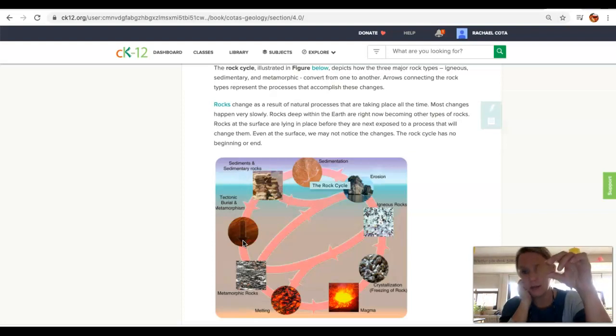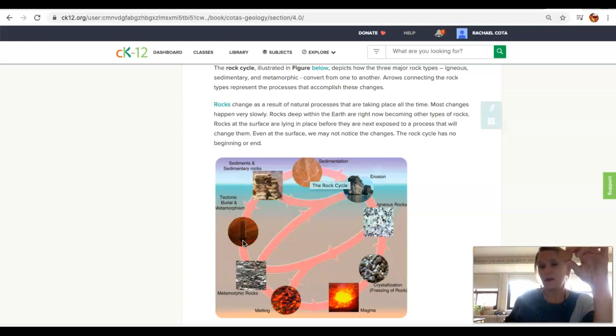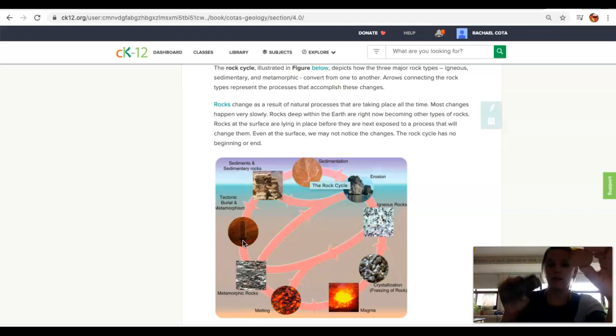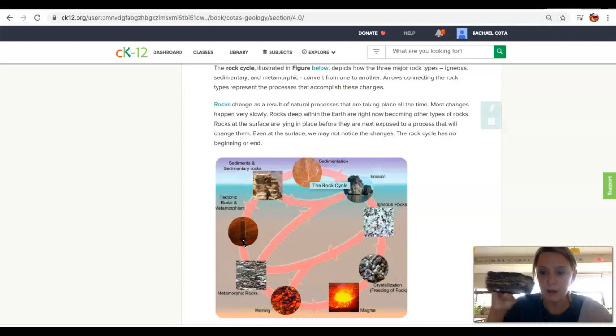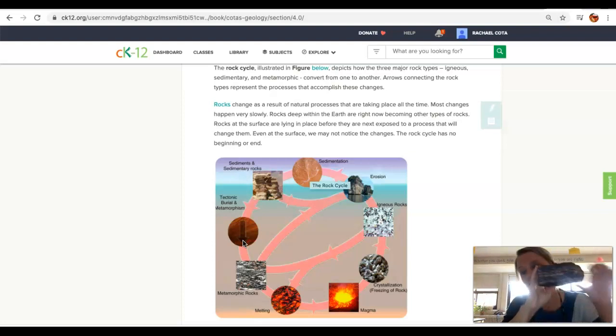Heat and pressure make up metamorphic rock. So this could potentially become something like this. Remember that with metamorphic rocks, we can see the actual foliation or the banding of the different minerals because this gets so hot, but it doesn't actually melt.